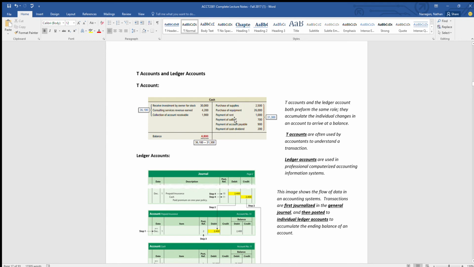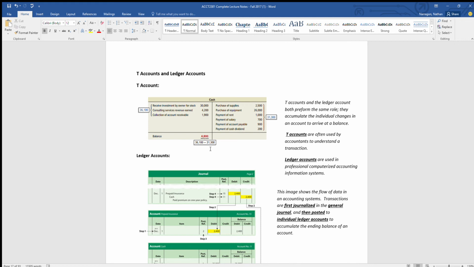If it was an expense, or we basically paid with cash, we're going to put it on the credit, and then you're going to take the actual total. Now, the total debits was 36,100. Total credits was 31,300. We subtract those two, and it will give us a positive amount.